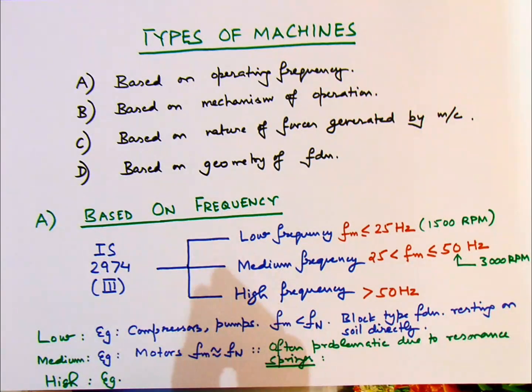Now, some of the examples of the high frequency machines are turbo generators and IC engines operating at high frequencies. So in these machines, typically the natural frequency is much greater than the operating frequency of the machine.